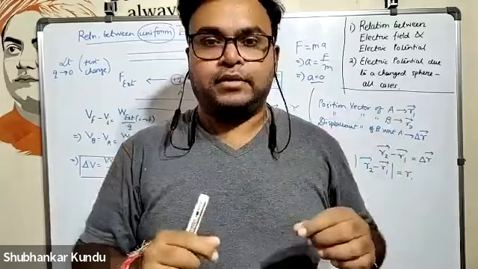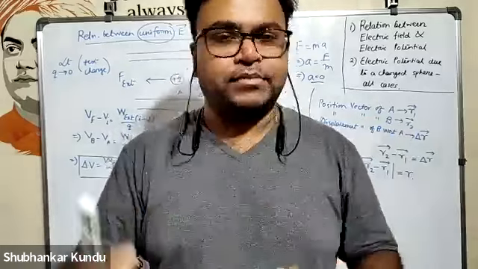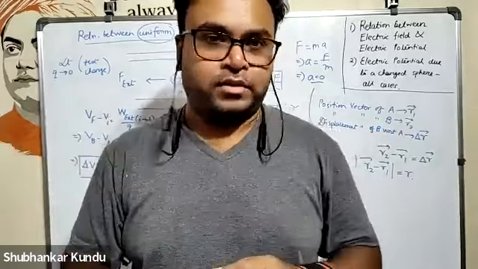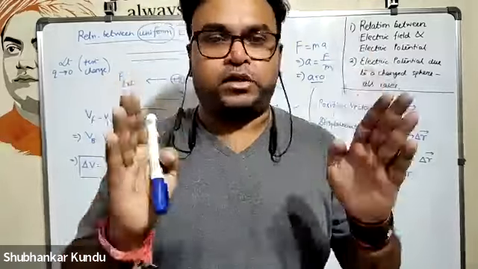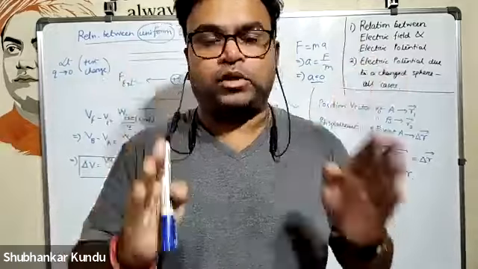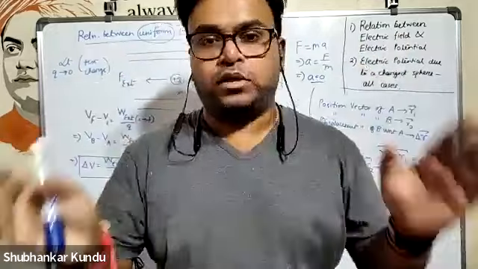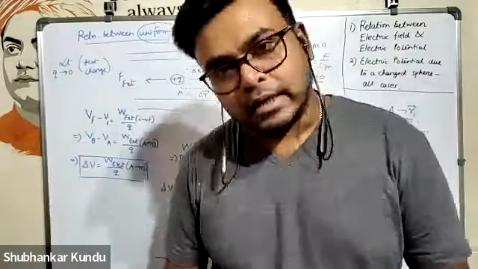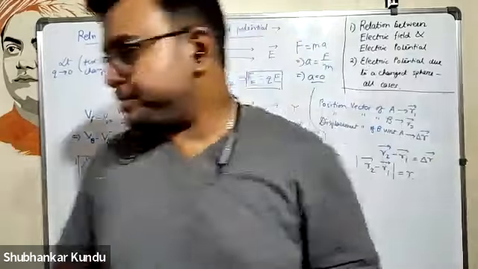That is the reason we do not alter the kinetic energy of the charge, so that the entire energy stays in the form of potential energy, which we use to calculate the work done and hence the potential difference. Clear? Search in the books, you will not get this answer. So keep that in mind.